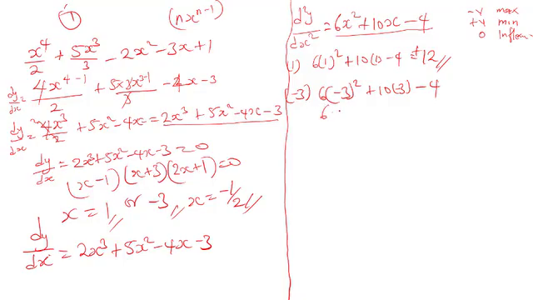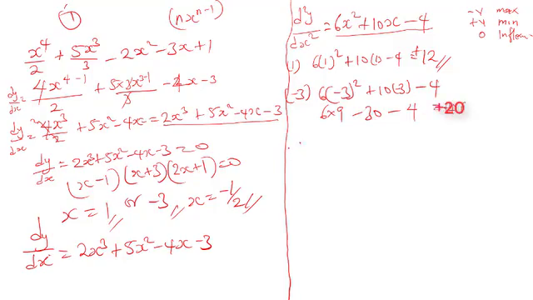So we have 6 times 9 at this point, and it's now minus because we have 10 times −3, so we have −30. Then we also have minus 4. So with this we have 6 times 9, minus 30, minus 4.